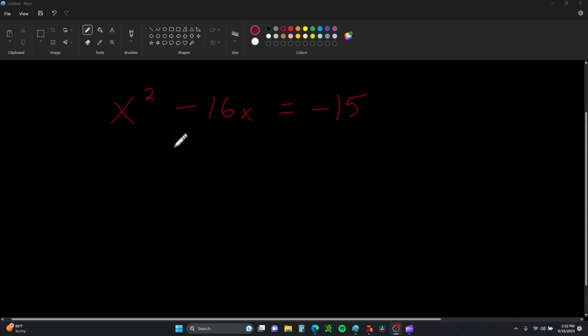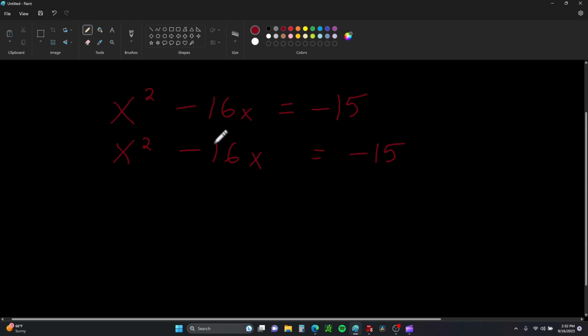Going a little further into the topic, what I have here is not in standard form, so I want to rewrite this so that I have it spread out a little bit. And what I want to do is find the c term over here, and I've left a little bit of a space.